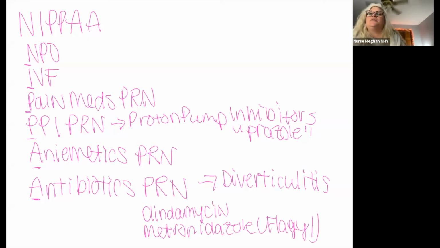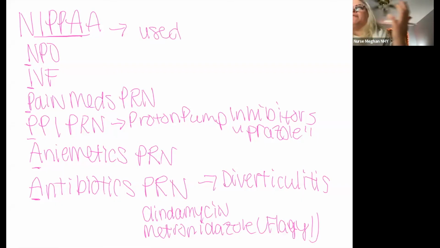Okay, so NIPPA again. We're going to use this when there's something going on with our GI tract, and it's used to help when we have problems in our GI tract. It can vary from a peds patient that maybe is experiencing intussusception, or maybe someone has Hirschsprung's, or maybe an adult patient that is experiencing diverticulitis, or pancreatitis, or something like that.